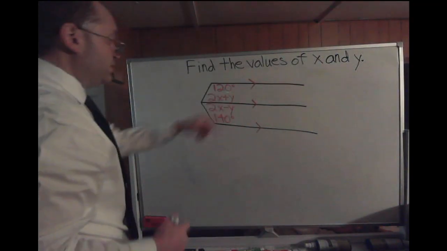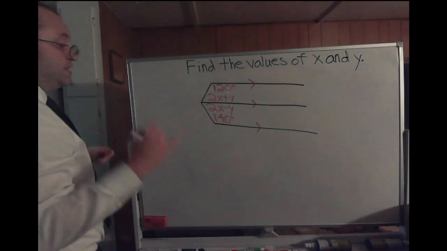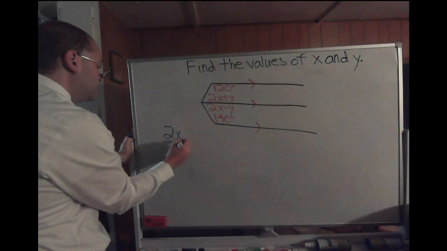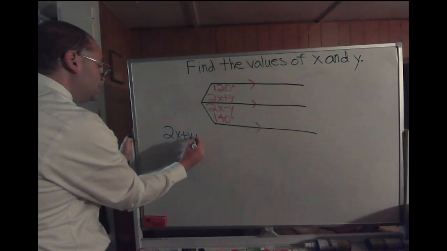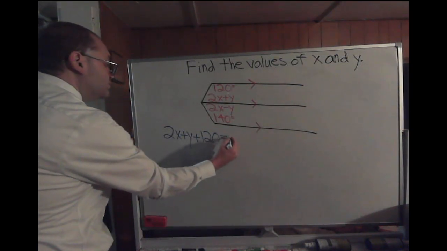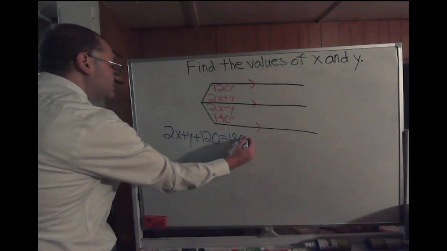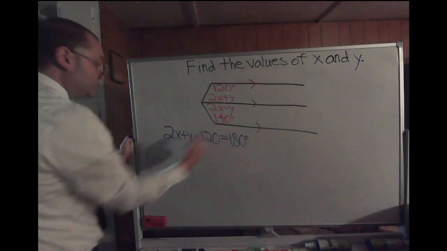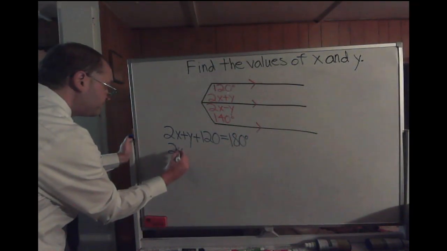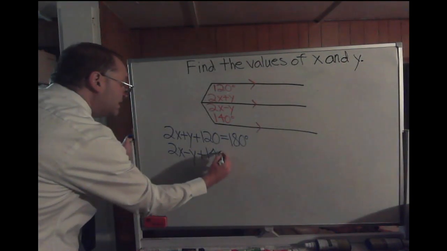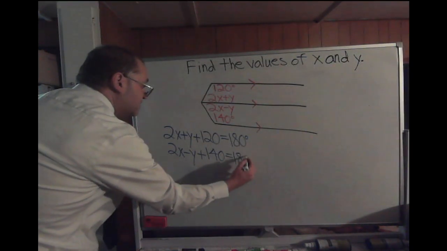So for the top part, that means that we're going to have 2x plus y plus 120 is equal to 180 degrees. And then for the bottom part, we'll have 2x minus y plus 140 equal to 180, since they're supplementary, aren't they?